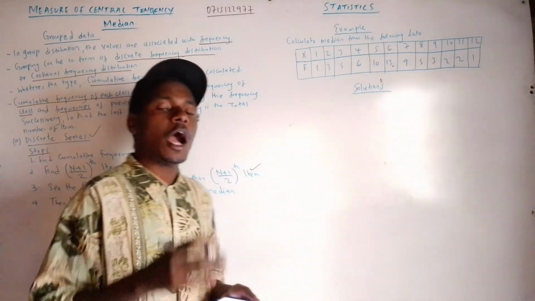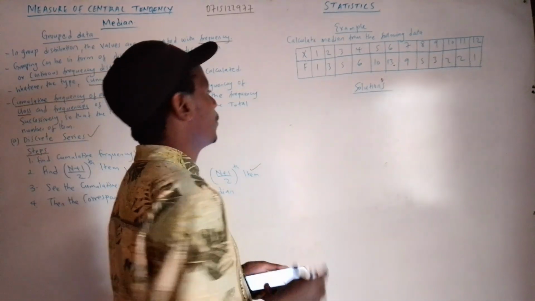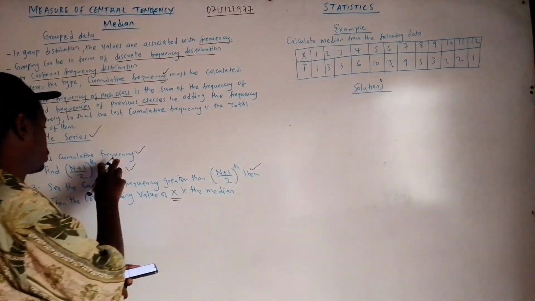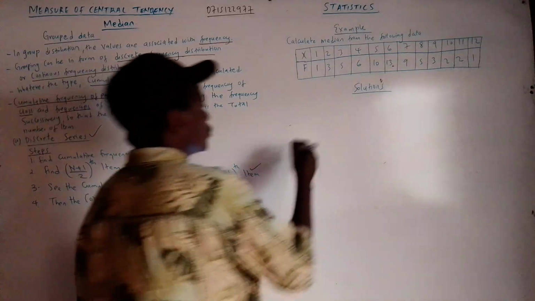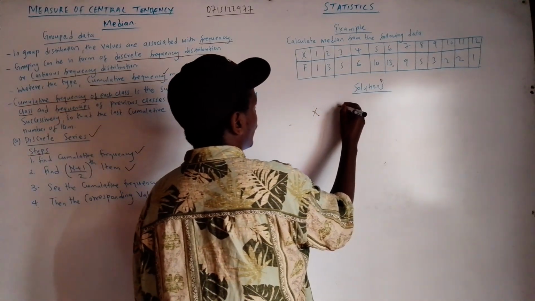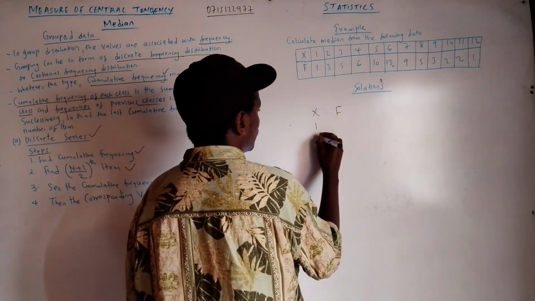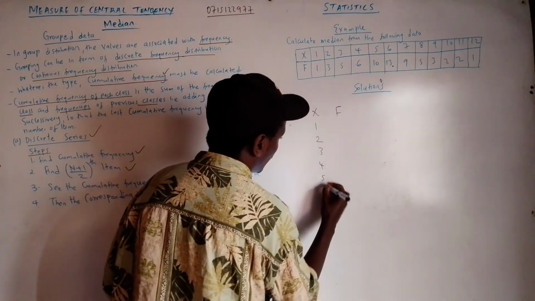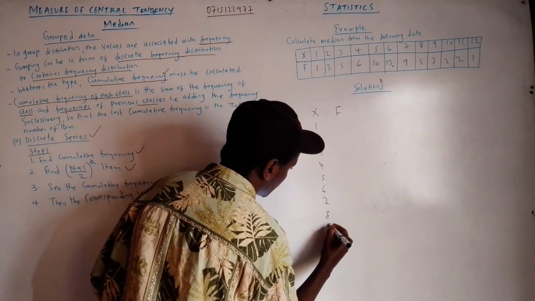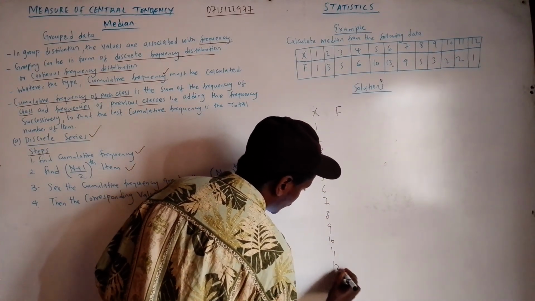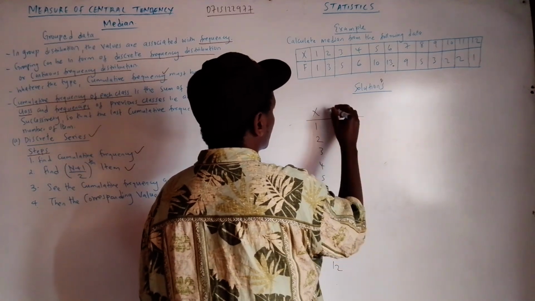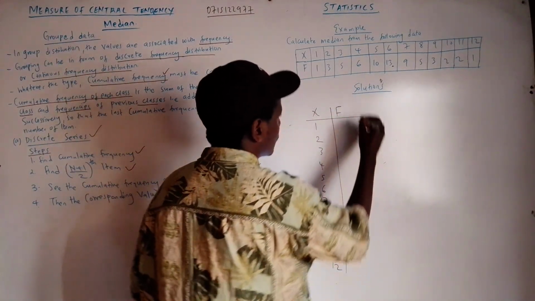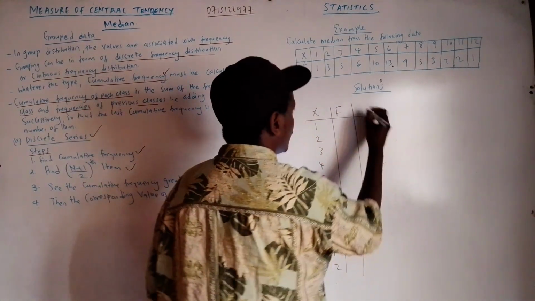So step number 1, we are supposed to calculate the cumulative frequency. So we have x and we have frequency. x is 1, 2, 3, 4, 5, 6, 7, 8, 9, 10, 11, 12. Then we need to find cumulative frequency.